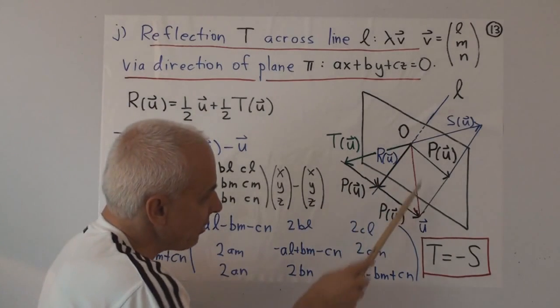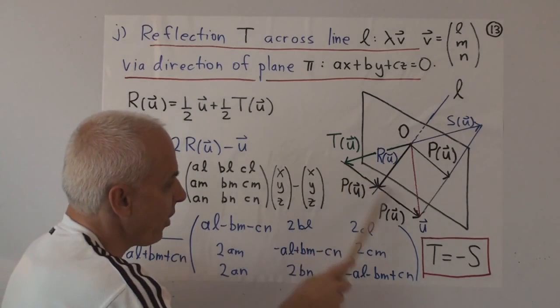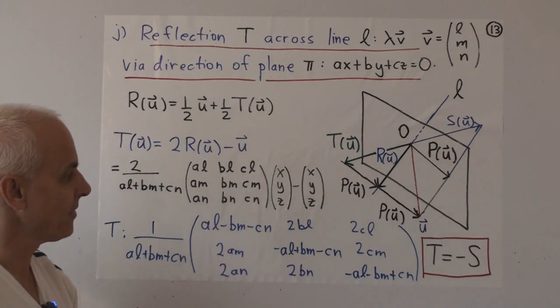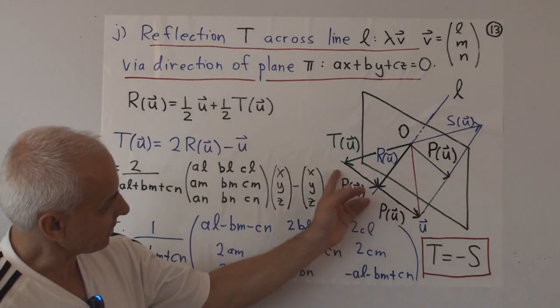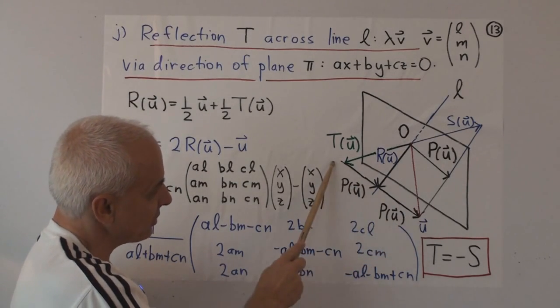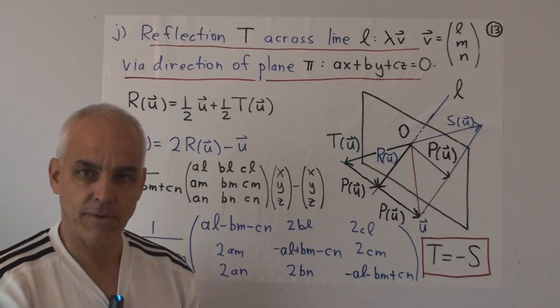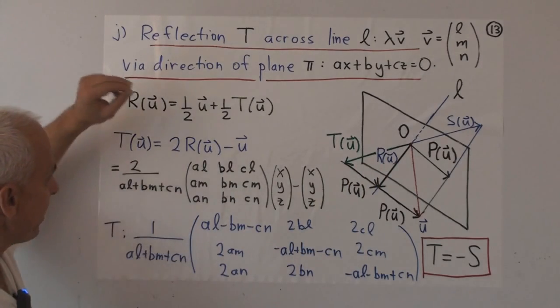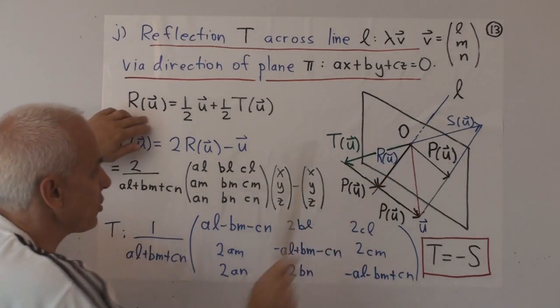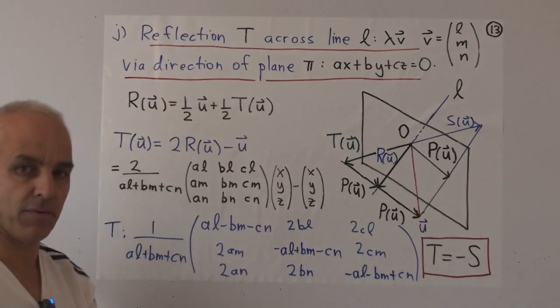Now these differences here are exactly P of u. This is exactly the midpoint between these two. And so one way of saying what the relationship here is to say that, well, this vector u and this vector T of u have midpoint vector R of u. So in other words, as an affine combination, R of u is going to be 1/2 of u plus 1/2 of T of u.